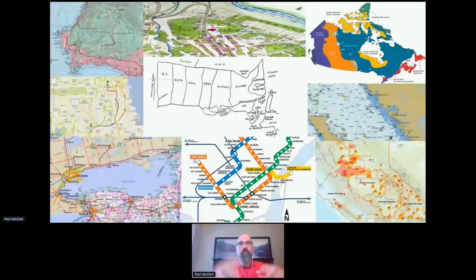We can bring the students' experiences into the classroom through these kinds of maps, and we can provide unique perspectives by using these different types of maps.